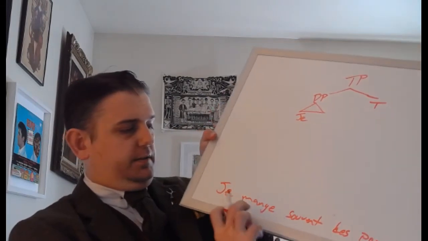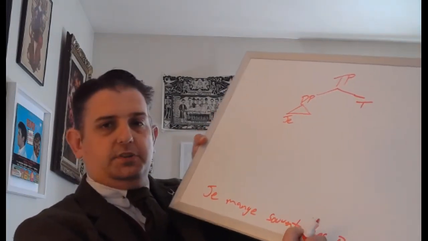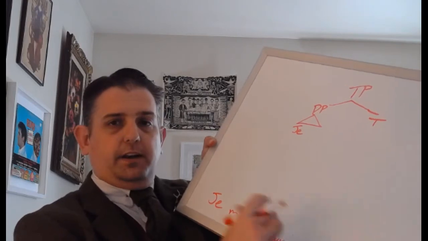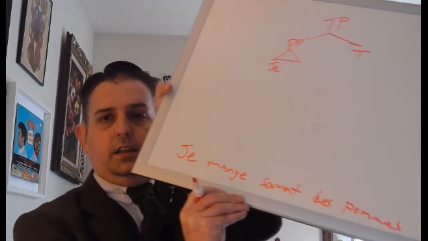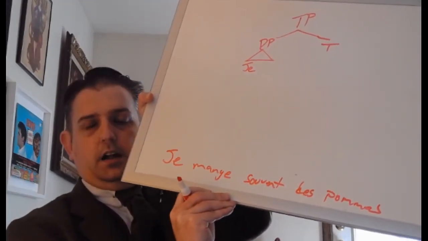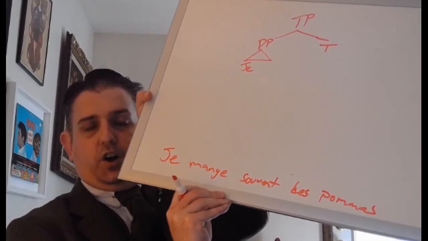There's our adverbial, there's our verb, there's our object. That adverb is interfering, is coming in between that object and that verb in the exact way that we said shouldn't happen.